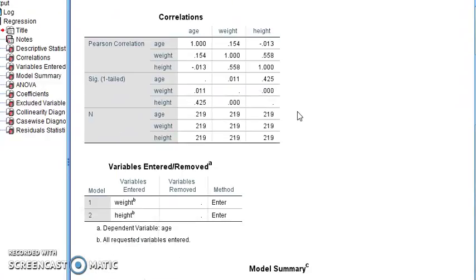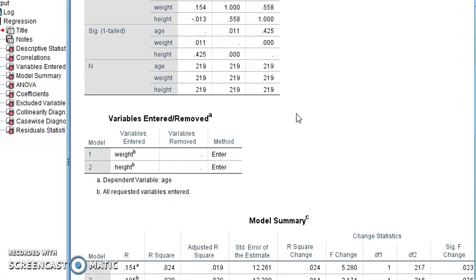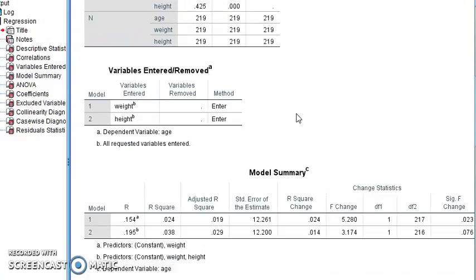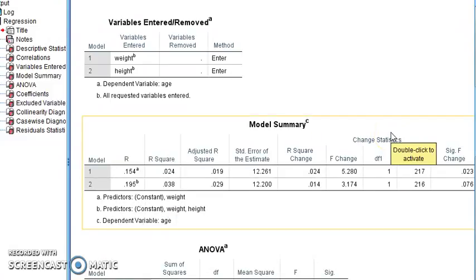As we continue down our SPSS output, it tells us that weight was entered in Model 1, and then we added height in Model 2. Our model summary gives us a really good idea of whether this model is going to be a good prediction of age. Remember, Model 1 only included weight. Our R value was 0.154, which we saw from above, and our R squared is 0.024.